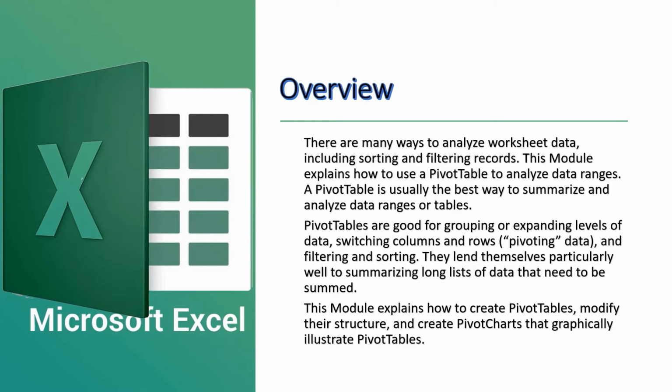Pivot tables are good for grouping and expanding levels of data, switching columns and rows, pivoting data, filtering, and sorting. They lend themselves particularly well to summarizing long lists of data that need to be summed. These modules explain how to create pivot tables, modify their structures, and create pivot charts that graphically illustrate pivot tables.